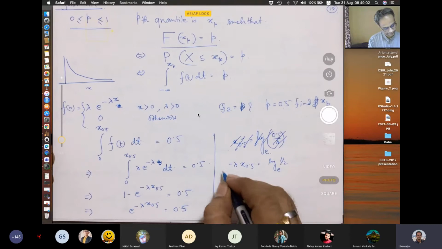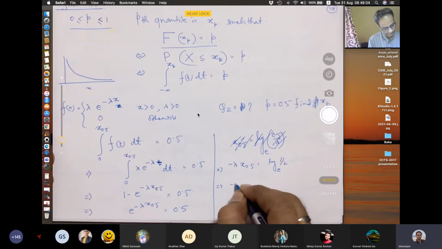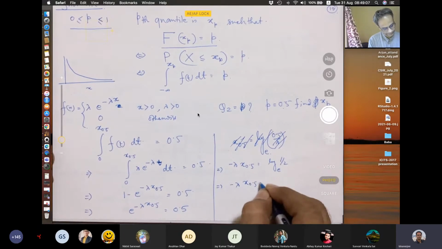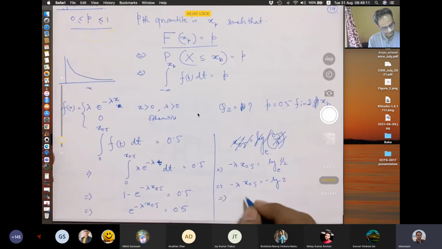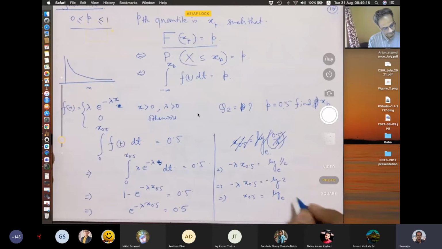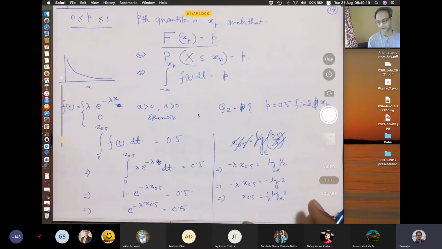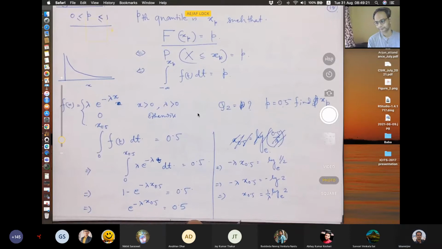So that is minus lambda x_0.5 equals minus log 2, so x_0.5 is ln 2 by lambda. Is it okay? Yes, sir. Okay. So this is how, and this kind of problem you may expect in your exam.